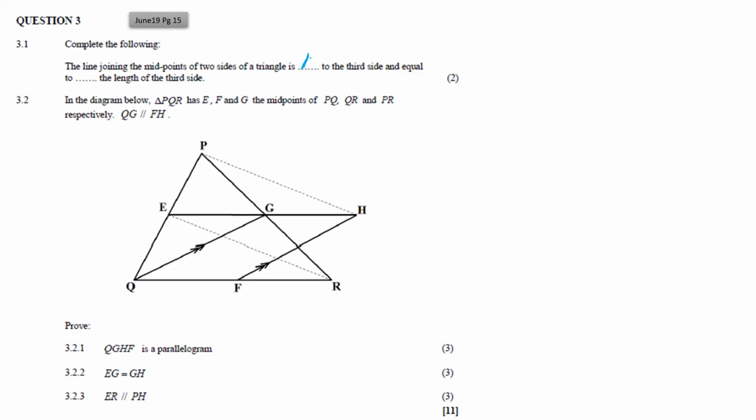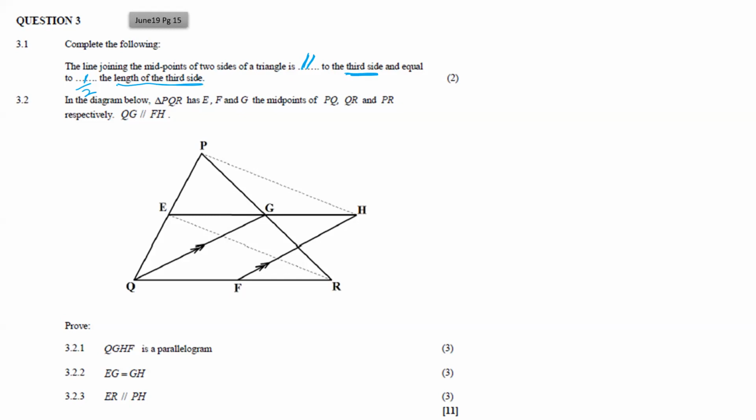Parallel to the third side and equal to a half the length of the third side. So that is the midpoint theorem. Remember, the line joining the midpoints of two sides of a triangle is parallel to the third side and equal to half the length of the third side. So we're now ready to move on into the question.